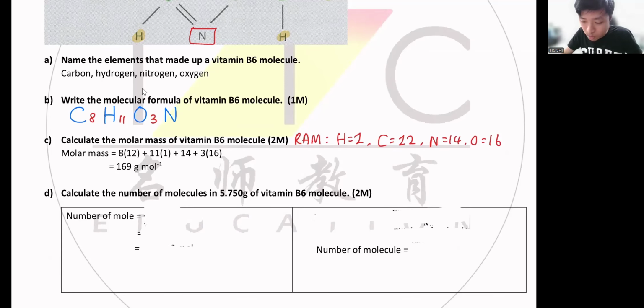Oh, wait. 1, 2, 3, 4, 5, 6, 7, 8. Carbon is 12. Cannot see my screen. Wait, so funny. Okay, I can see now, yeah.